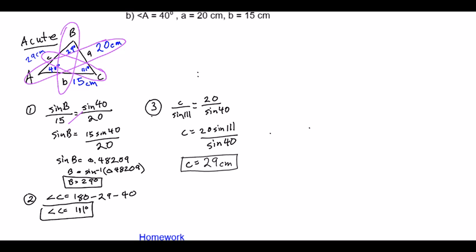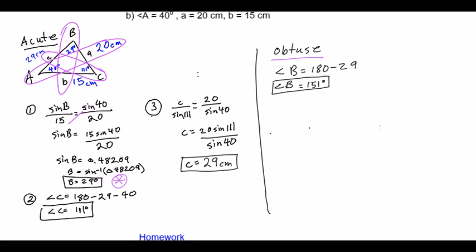So now let's go and do our obtuse calculation. So with the obtuse calculation, the first thing that you do is you look at the first angle that you started calculating, and that just happens to be 29 degrees for B. So let's calculate the obtuse angle for B. So now angle B is 151.